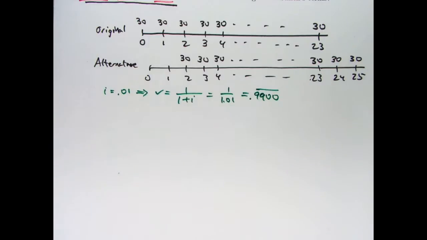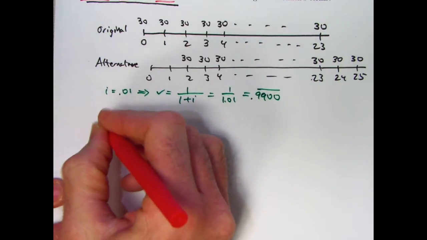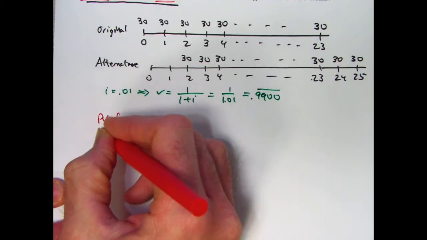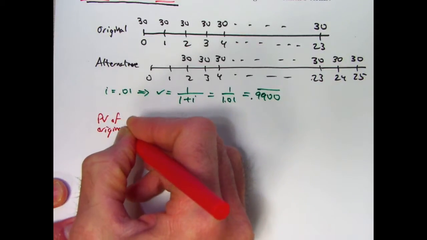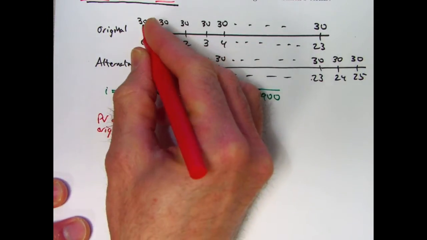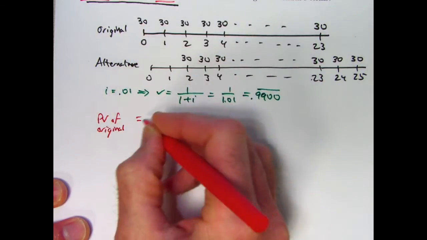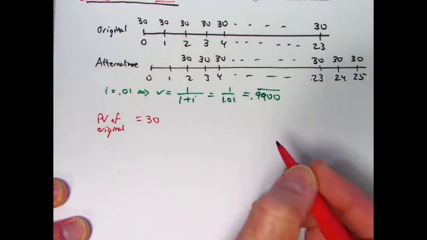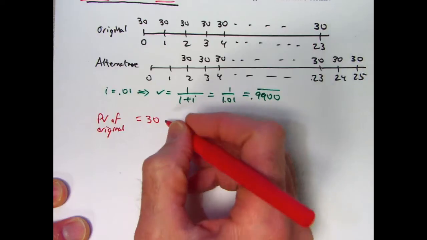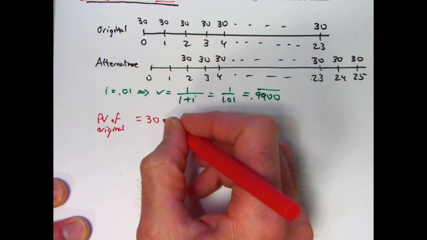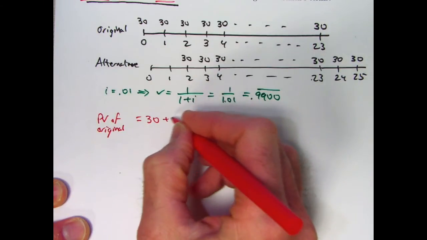All right, what are the present values of these payment streams? There's the present value of the original. The first payment is at time 0, so that does not need to be discounted by the present value factor, but the other ones will.